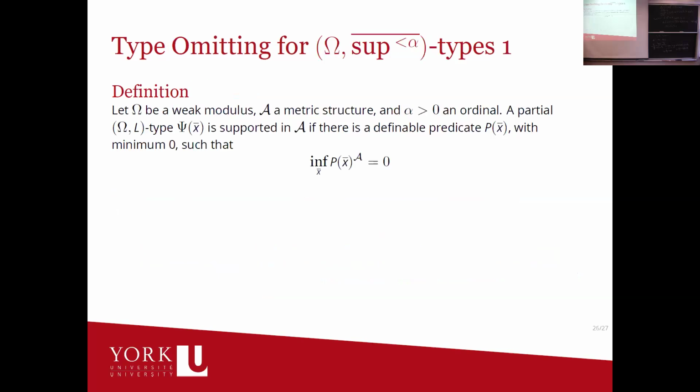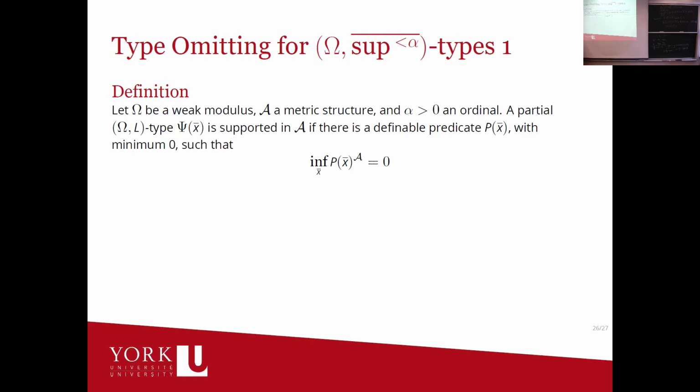Okay, this is this notion of isolation that I have, which is similar to supported. So let's again fix a weak modulus, an alpha greater than 0, a partial type. What I mean by an omega L type is a type of omega formulas with any complexity.